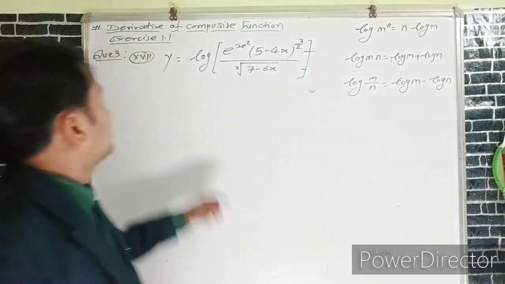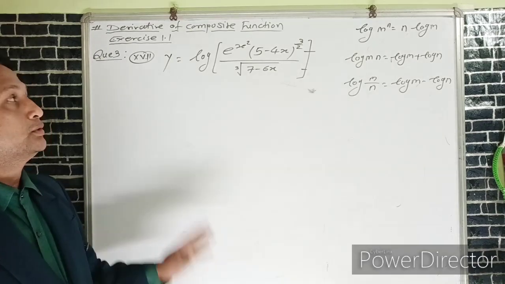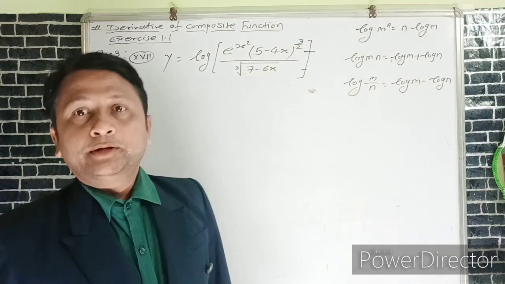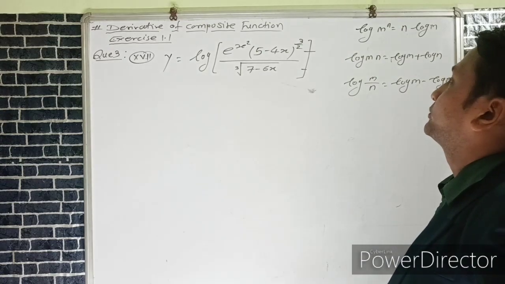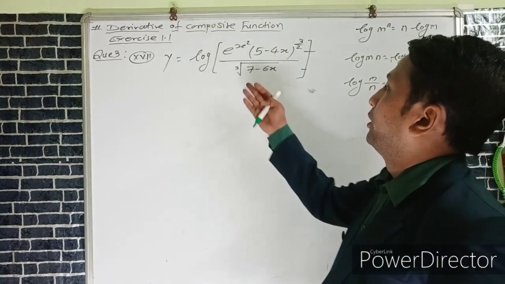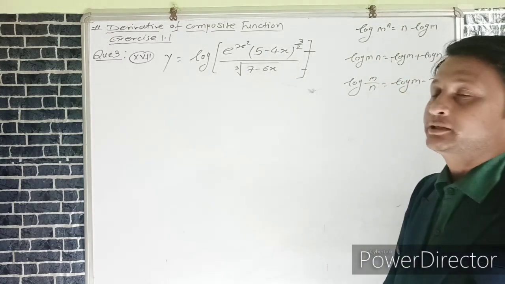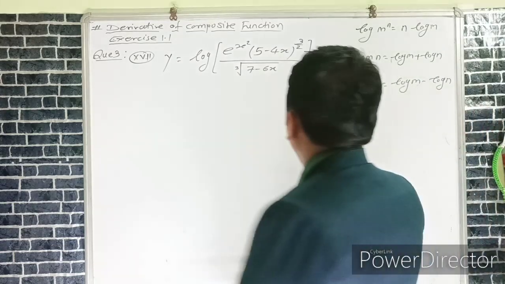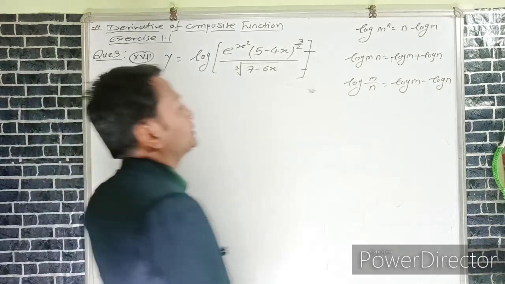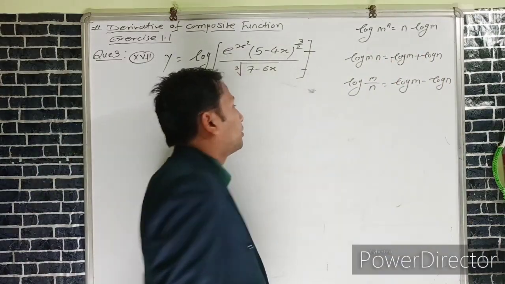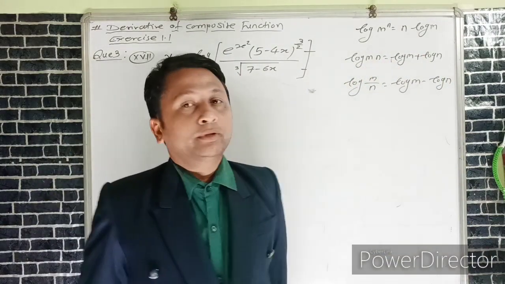Next, example number 17: y is equal to log of e to the power x square into 5 minus 4x whole raised to the power 3 by 2 upon cube root of 7 minus 6x. We know the rules of logarithm. Log of m raised to the power n is equal to n log m. Log of m into n is equal to log m plus log n.